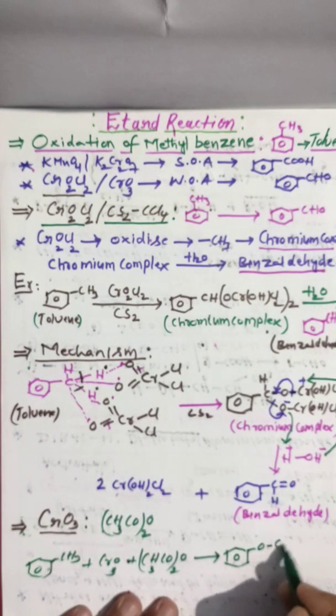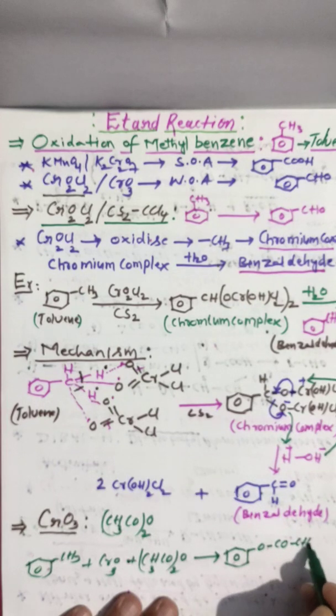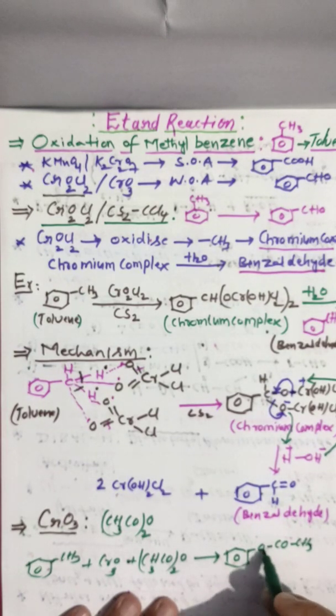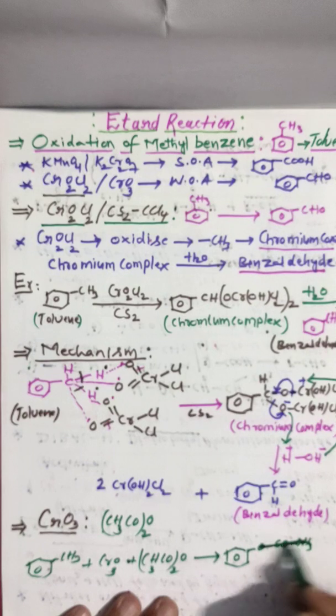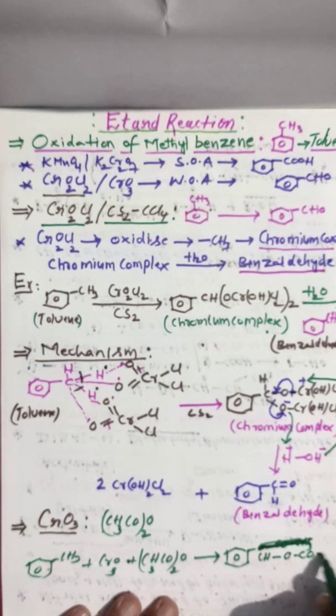O, CO, CH3 is bonded with the CH group. Here we actually have CH, and this is bonded with O, CO, CH3. Clear? And this is bonded with O, CO, CH3.